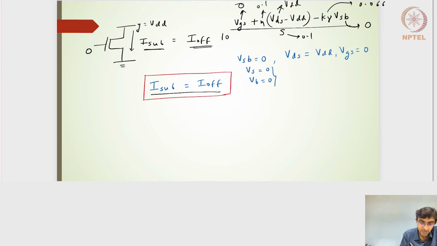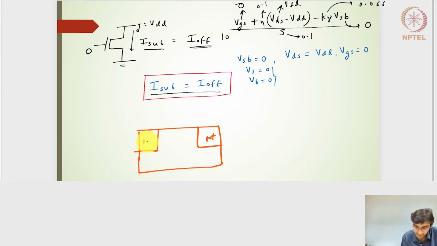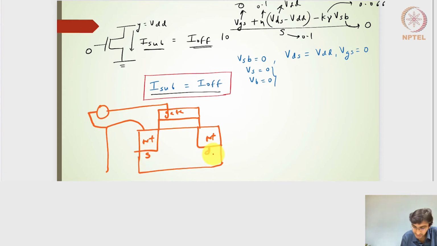I'd also like to reiterate here, at a cross-sectional level, when I draw the NMOS transistor, what we used to say. I have the diffusion pockets, and this is the oxide, and then this is the gate. This is my source, this is my drain, and let's say I have some potential here, drain to source, and some potential here, gate to source.